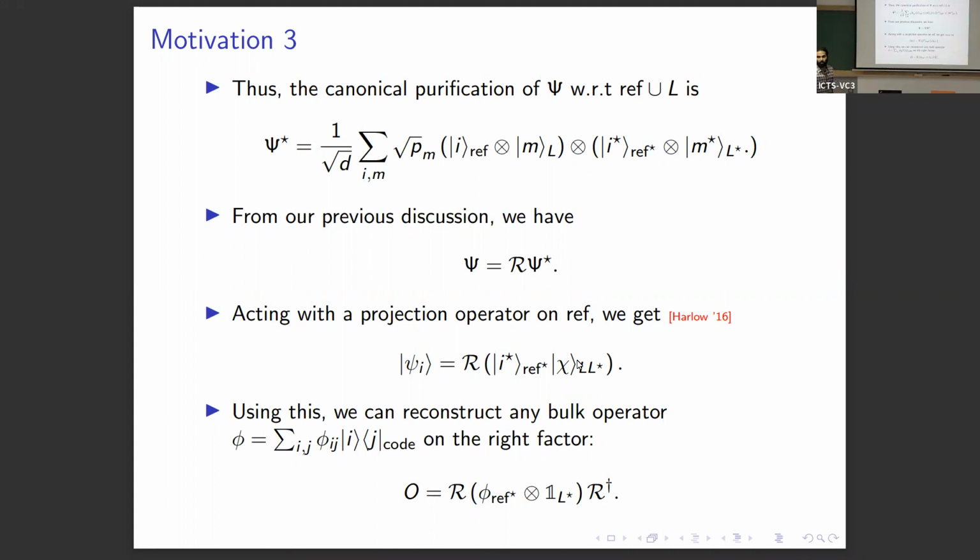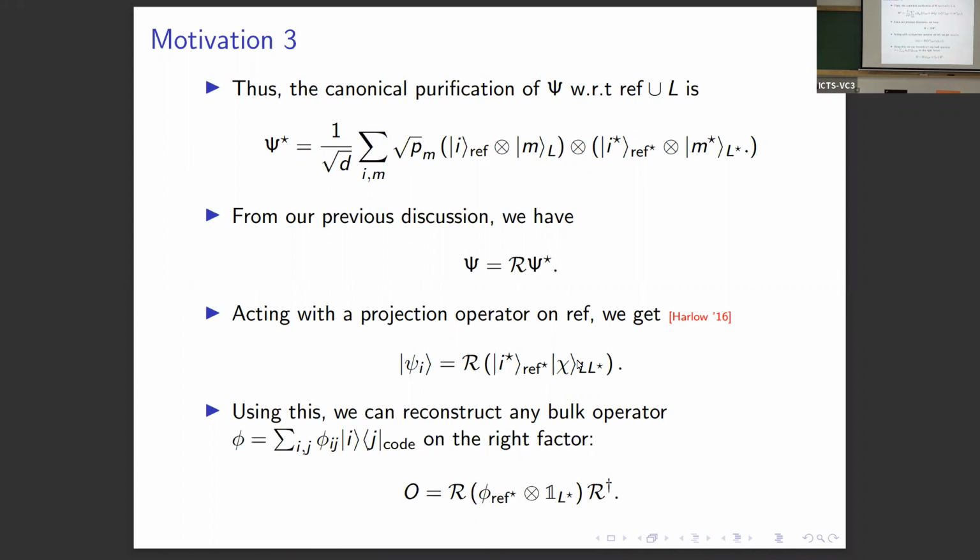So it's going to act on ref star L star. Yes. So the reflection operator is not unitary. Yeah, that's fine. I'm not using unitarity. Okay. But the only thing I'm saying is that it doesn't act on this side. Whatever it is, it acts on the other side.